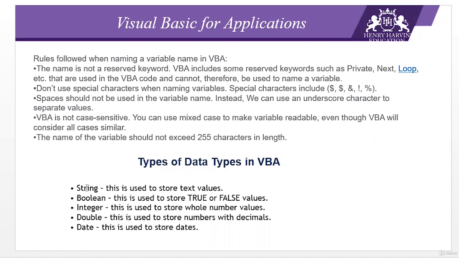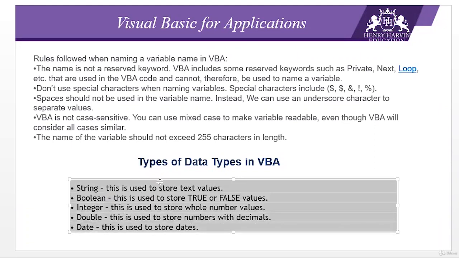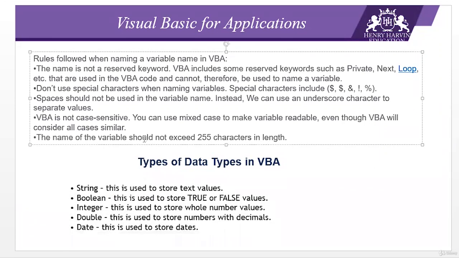If you talk about string, this variable is used to store text values. Boolean is true or false. Integer stores whole numbers, double is used when you have decimals, and date is of course the date. If you don't know what the variable type should be, you can define it as variant.